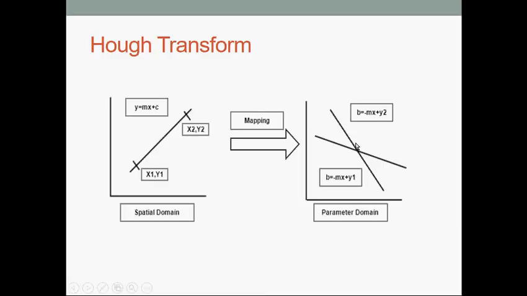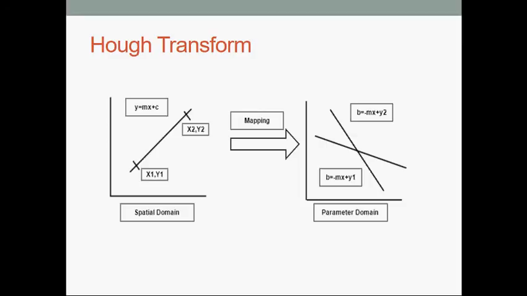Now this will contain many lines, the points which are present here become lines here, intersecting at one single point. So based on this very concept, the Hough transform is formed.